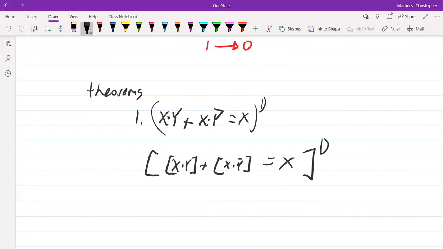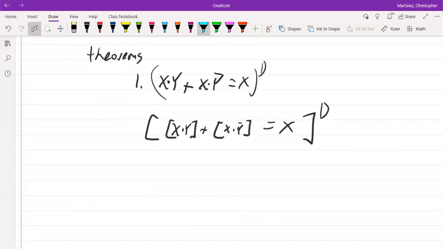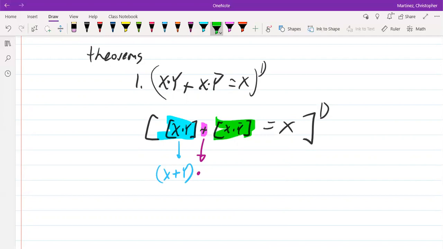Okay, we're going to do the dual on it. So let's take this item in blue. I'm going to say the and becomes an or, a y, and an x. And that's going to stay with brackets. Then let's do this plus in purple. The or becomes an and. And then let's do this term in green. I have a term, so I have parentheses here.